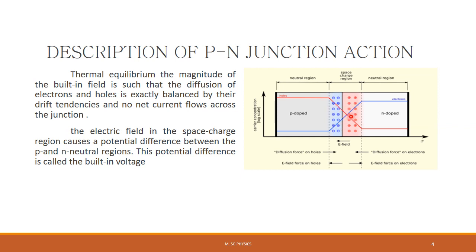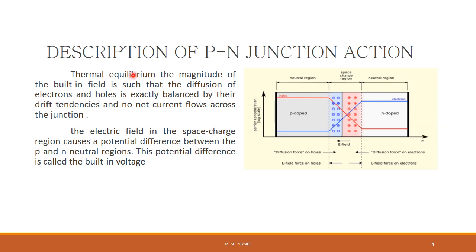Therefore, there is an electric field, and it is built in. Why? Because the electrons and holes are already in the junction. These two junctions are called the double layer.